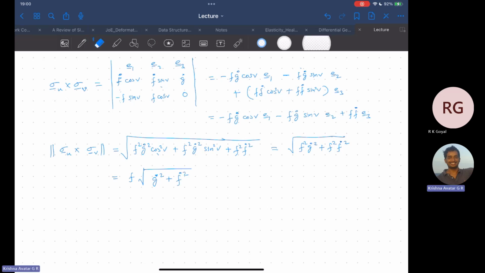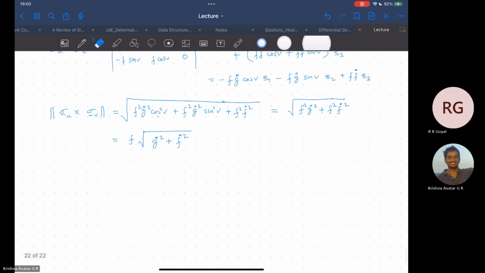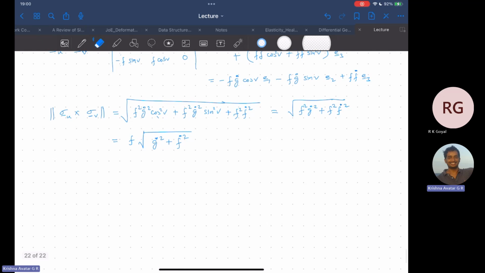Now let's try to gain some idea from here. We'll use both the properties. One property is a very fundamental property, what we call the norm property.